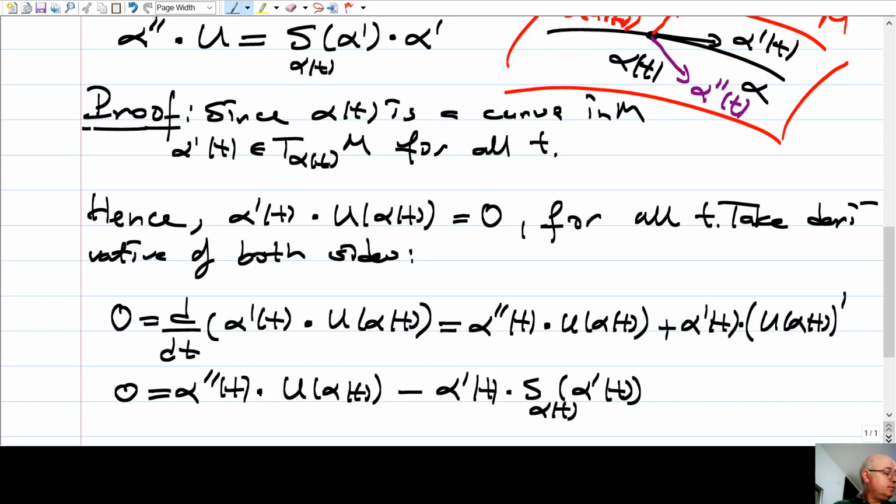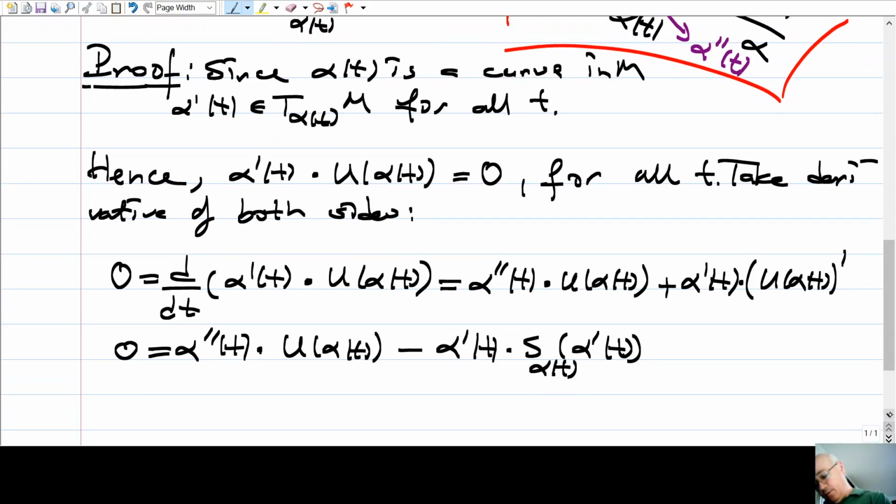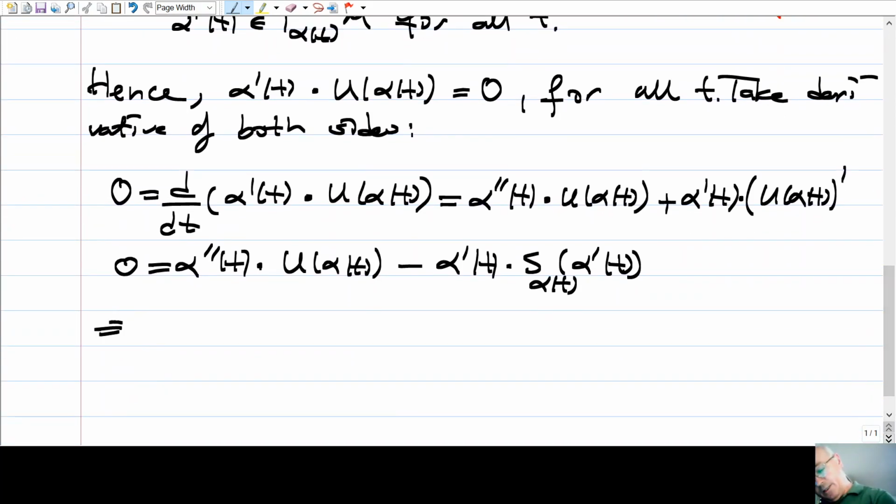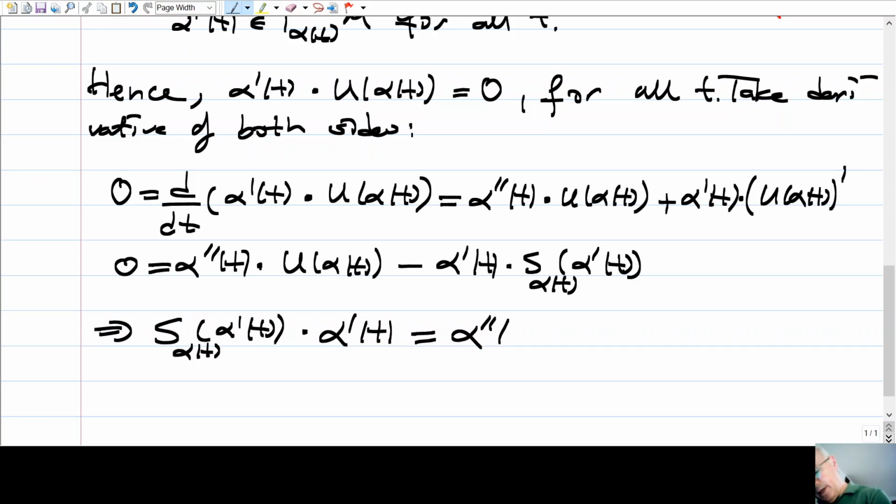So from this we see that the shape operator at alpha t evaluated on the velocity vector dot product with the velocity vector is nothing but the acceleration vector dot product the normal vector. And this finishes the proof.